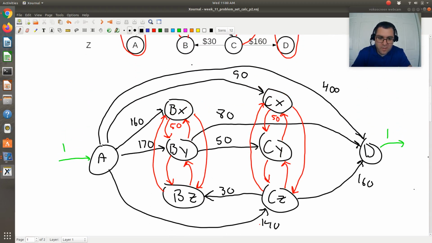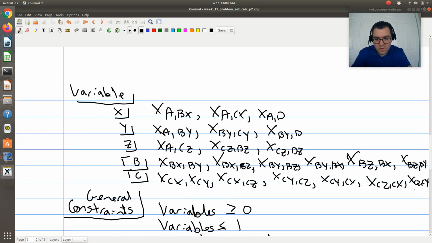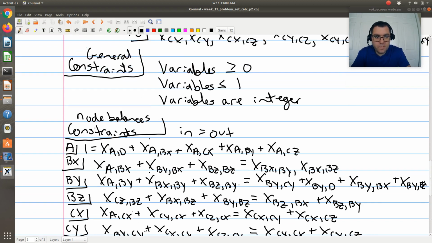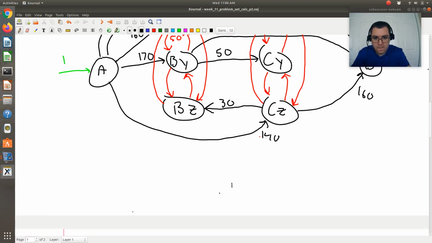I have flights from A, BY, and CZ. So let's start with A. I have X, AD, plus. That's flight 1. Flight 2 is coming from BY.